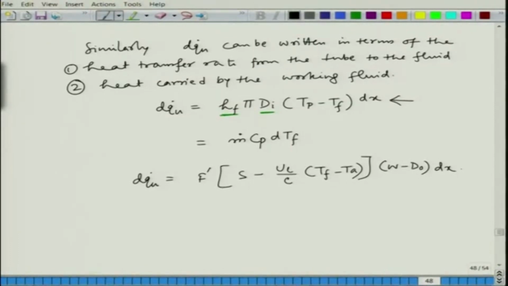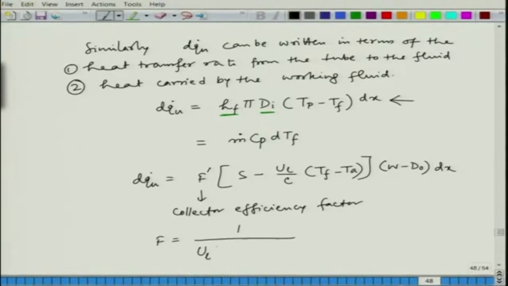Okay. So, F is again the collector efficiency factor, and F you can write as 1 over UL multiplied by 1 over [UL plus d naught by di multiplied by Hf].